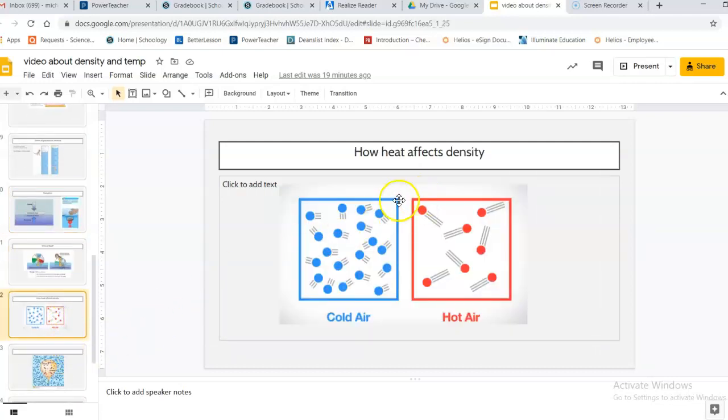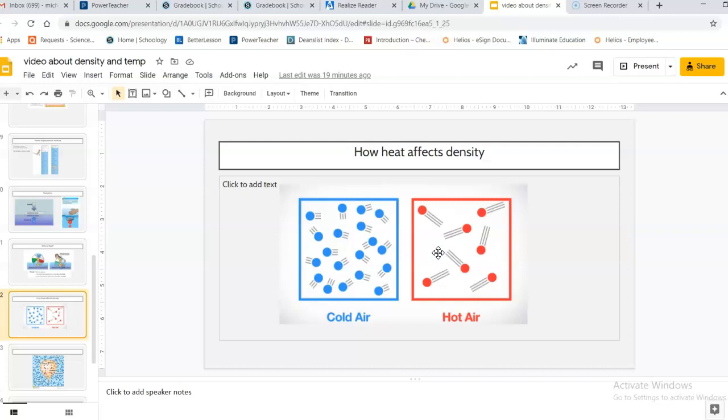The last topic that we need to talk about is how heat affects density. Because we know when we heat something up, we cause molecules or particles to move way faster. How does it affect density? Here's an example of cold air moving very slowly. Here's an example of hot air. Hot air moves faster, so it takes up more space.